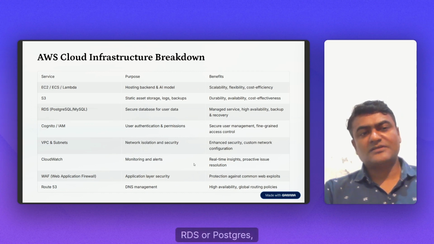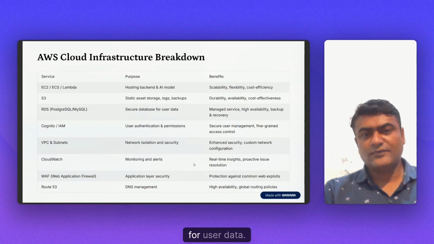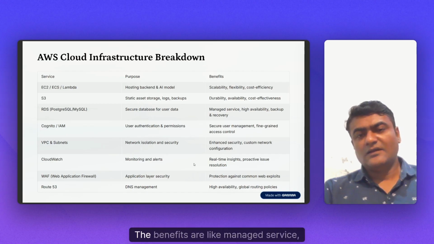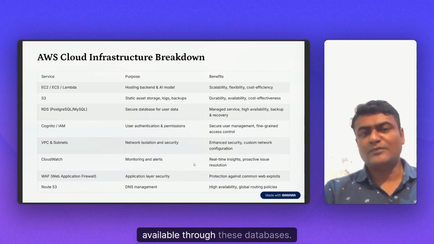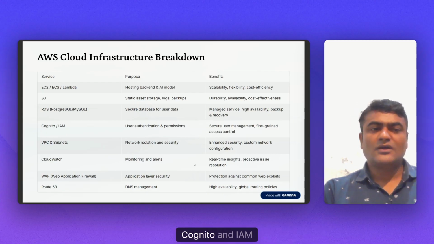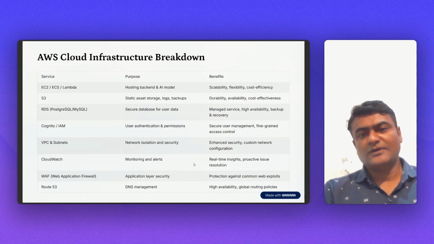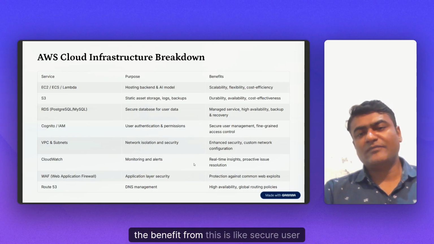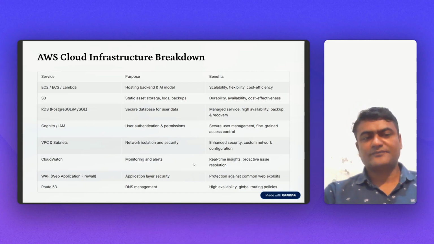RDS, PostgreSQL or MySQL are used for a secure database for user data. The benefits are managed service, high availability, and backup and recovery. Cognito and IAM are used for authentication and permissions, which gives secure user management and fine-grained access controls.